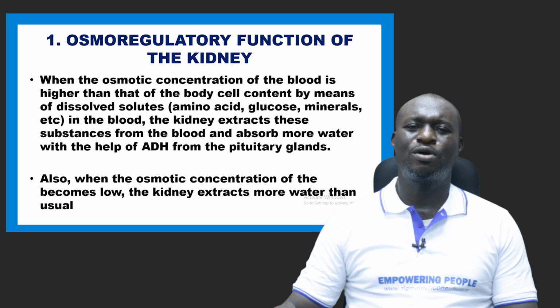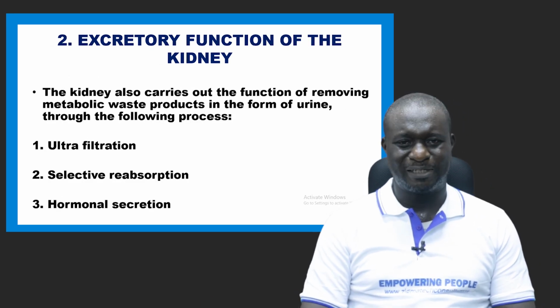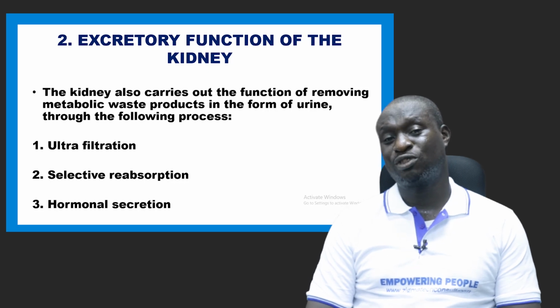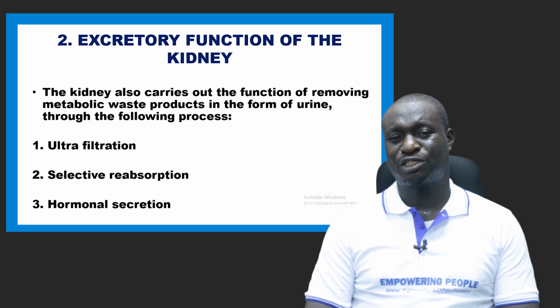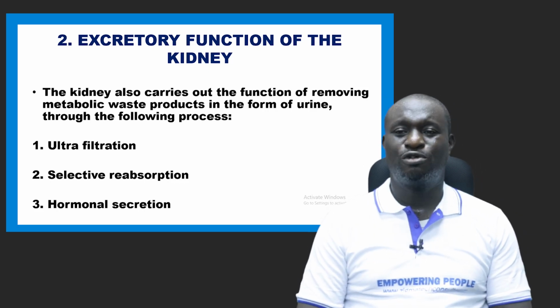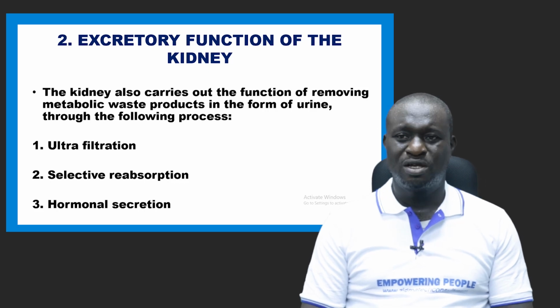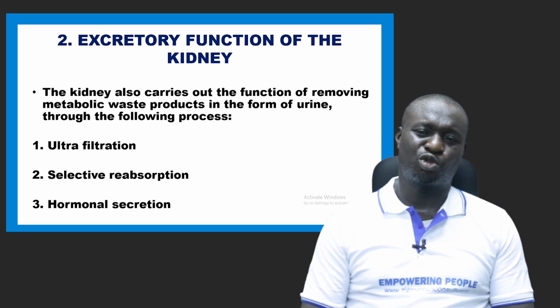Now, the second one we mentioned was the excretory function of the kidney. We said that the kidney carries out excretion. If you go through our videos under excretion, you're going to discover that we have three phases of excretion, mostly as it deals with urine formation, how urine is actually formed.